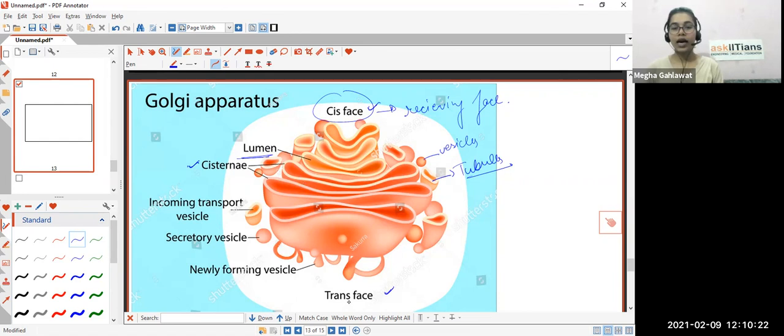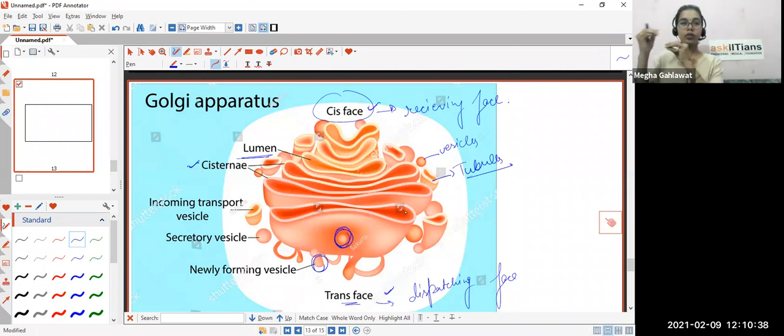Now what really happens in the trans phase? This is the dispatching phase. What will happen here? You see, vesicles are forming. So this is the component which needs to go out.